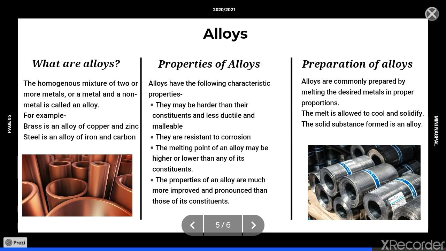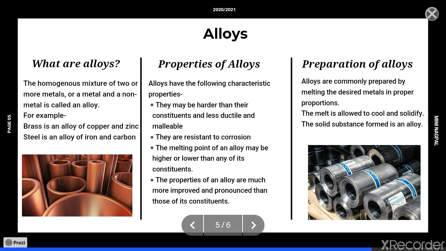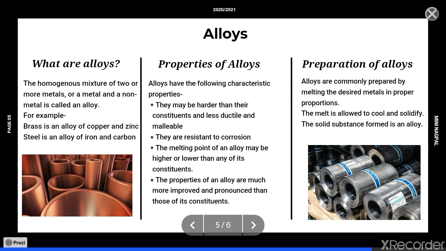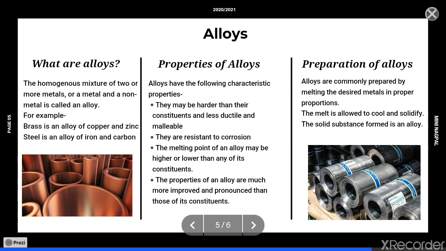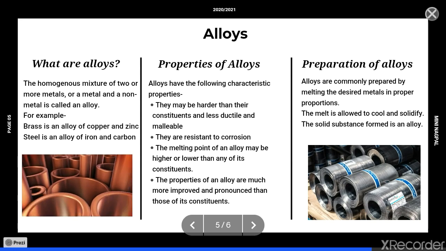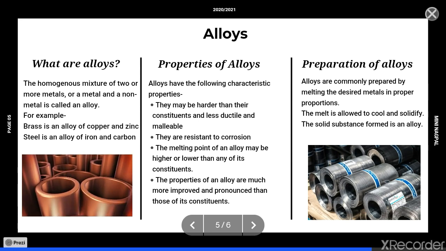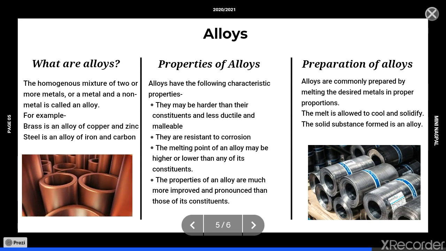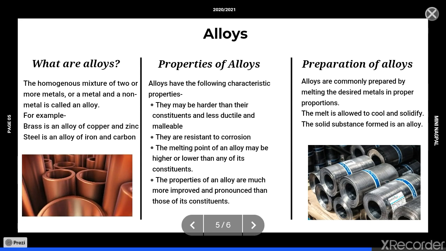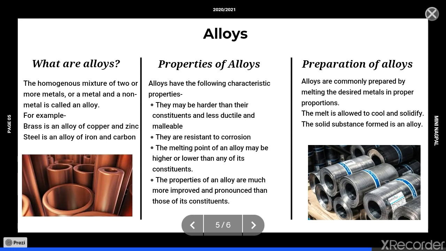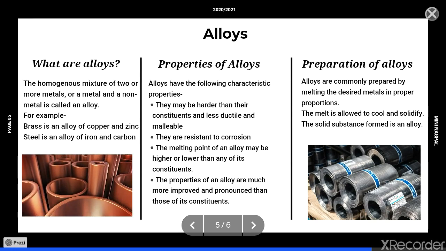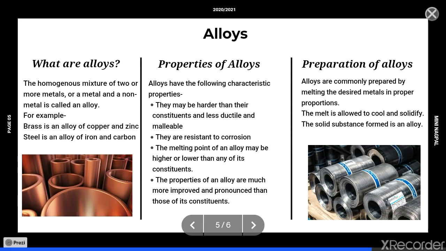This alloy has a very low melting point, and it is used in joining electricity wires. When the wires are joined, this solder wire is kept over there. It melts readily and holds the two wires together. So we are making alloys, number one, to make them resistant to corrosion, and to have an appropriate melting point, and to improve the properties of the constituent elements of which that alloy is made.